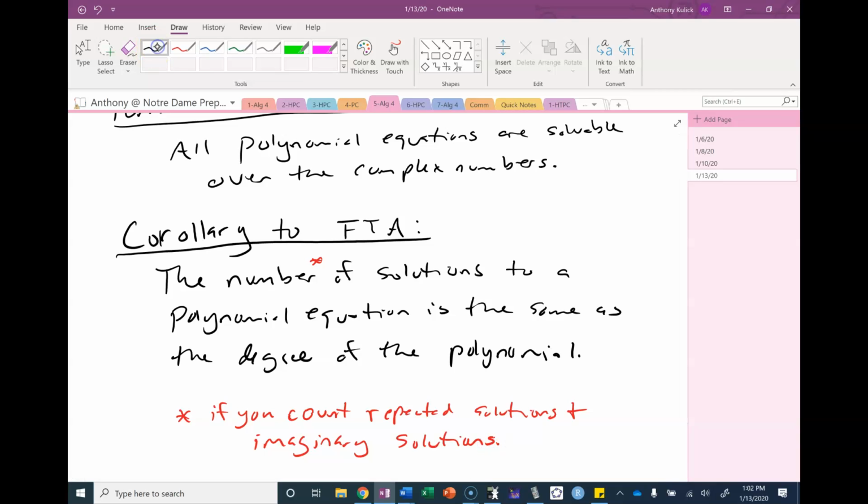So we talked about this first semester when we were solving polynomials then. It basically just says the degree of the polynomial tells you the number of solutions you're looking for.